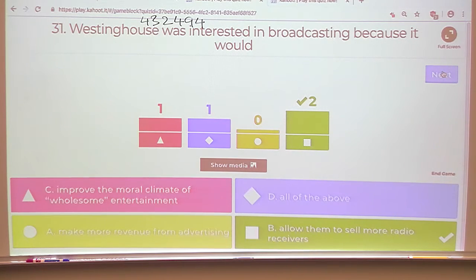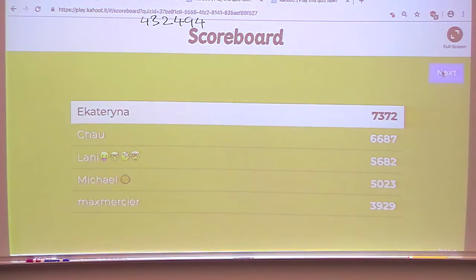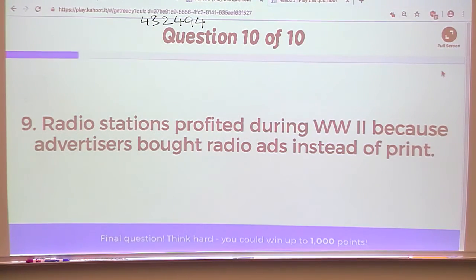RCA owned NBC, so they were in the content business. Westinghouse was in the manufacturing of sets, and AT&T connected it all together. So that was the way they organized the business.